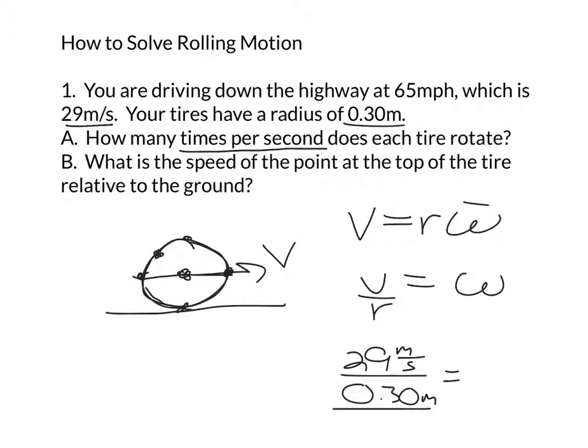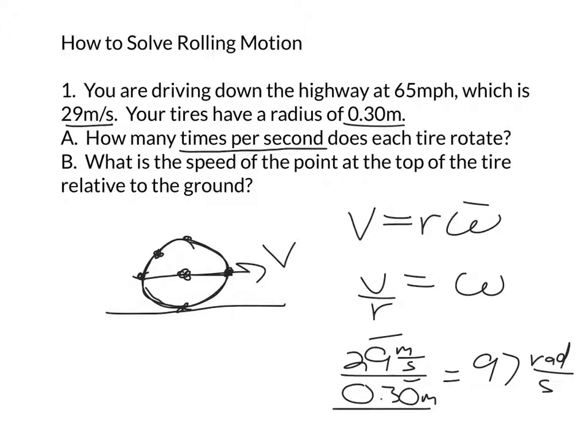We are going to get 29 divided by 0.3. There we go. 96.66666. Okay, so 97. And this is a 2 sig fig problem, so we're going to get 97 radians per second.